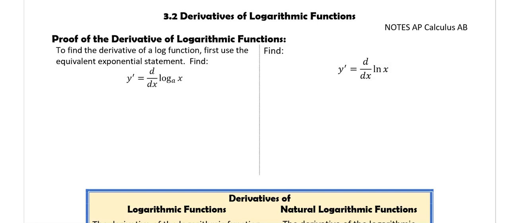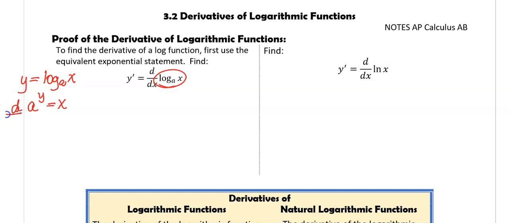Last thing we want you to know before you come to class is, what does a derivative look like for the log? Well, in order to do this, we are going to think about what is the meaning of log base a. Well, that means that y equals log base a of x, so I can rewrite that as a to the y equals x.